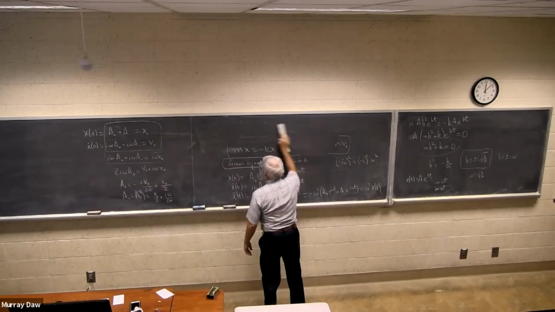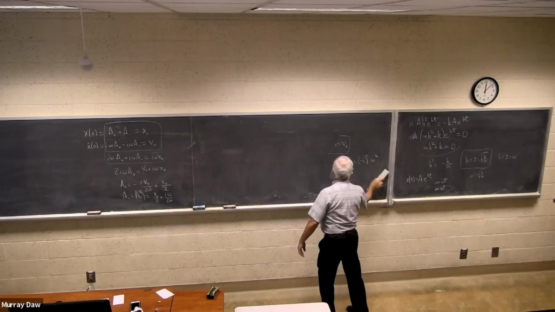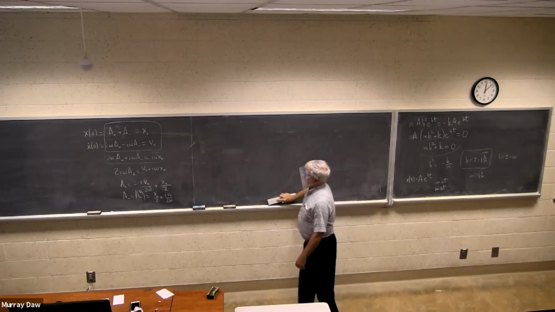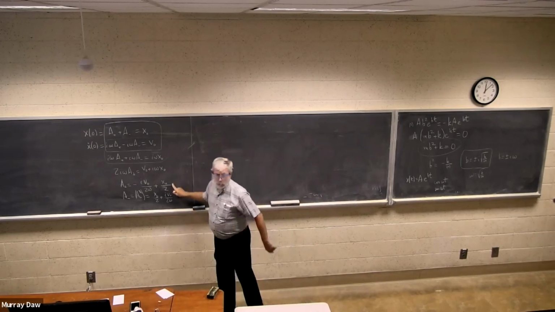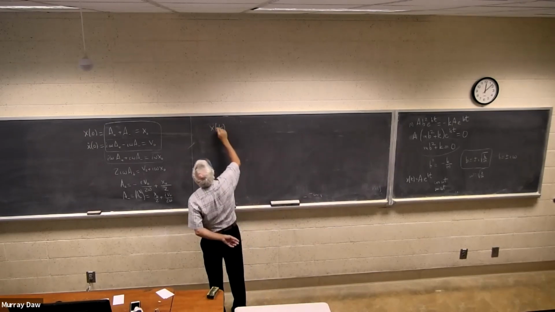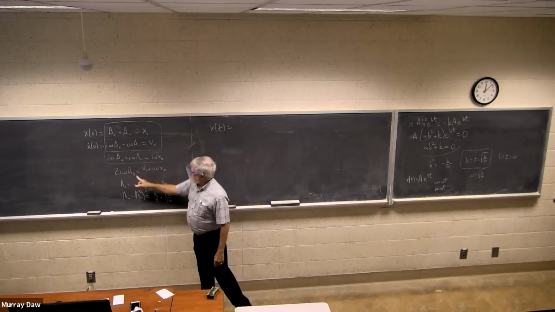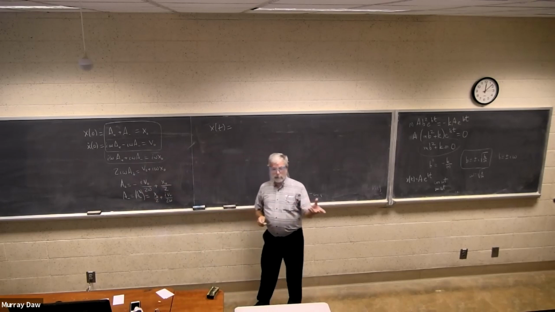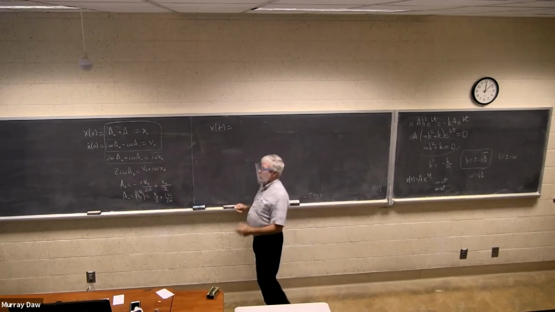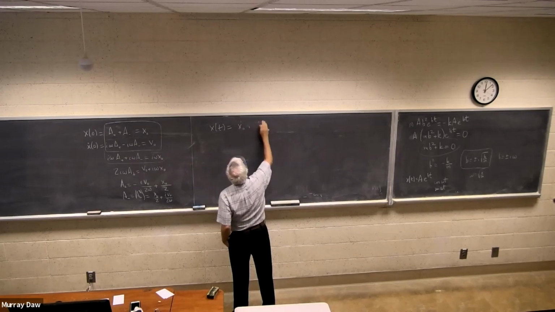Okay, so now we gotta do a little bit of algebra. We gotta substitute to finish up. Substitute these into the expression for the solution. I'll show you what it works out to be, keeping in mind that these complex exponentials are related to the sines and cosines from the Euler relation. Altogether, it works out like this.